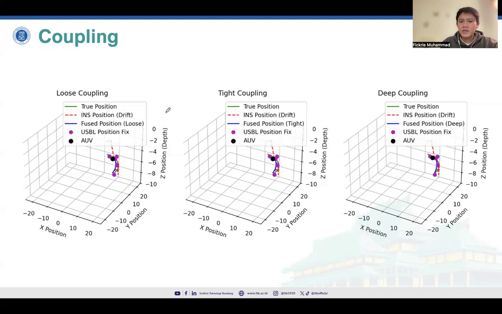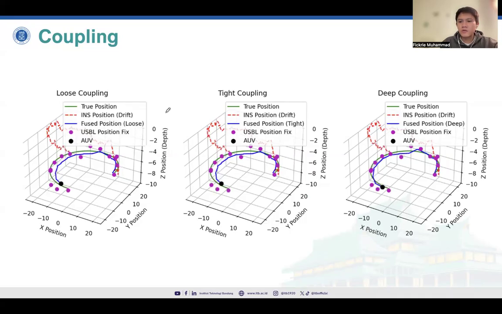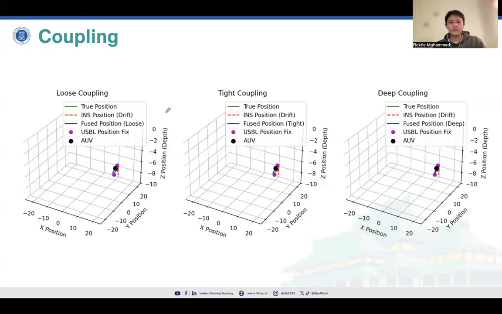Even though our AINS has drift and our USBL is not always incorporated every time, by combining both sensors, we'll have the closest estimation to the true values.